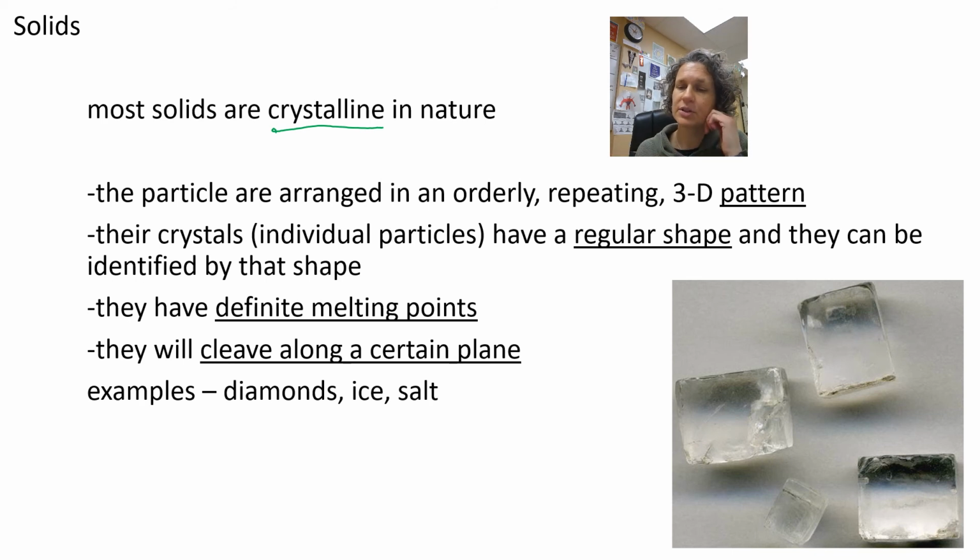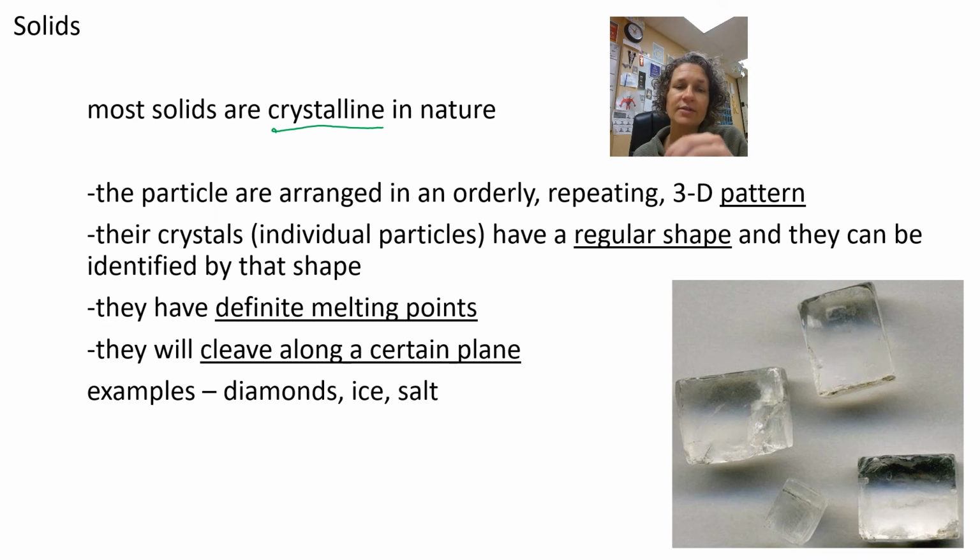The picture on your screen is a highly magnified picture of salt crystals, and notice that they have 90-degree angles. They're very cubic. Some are more like hexagons, very different geometric shapes.